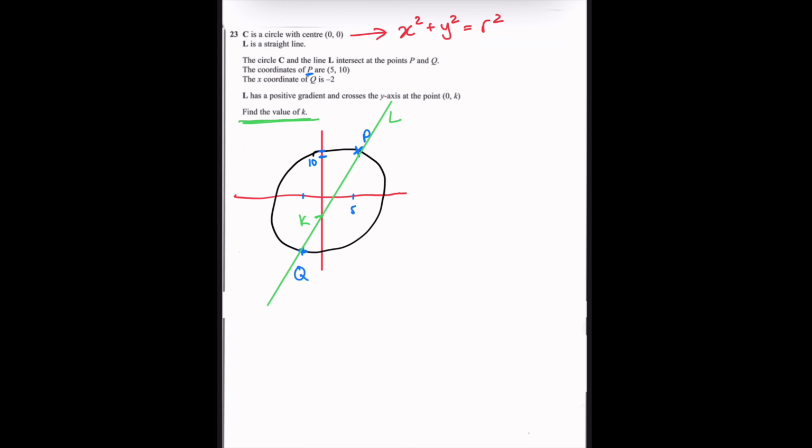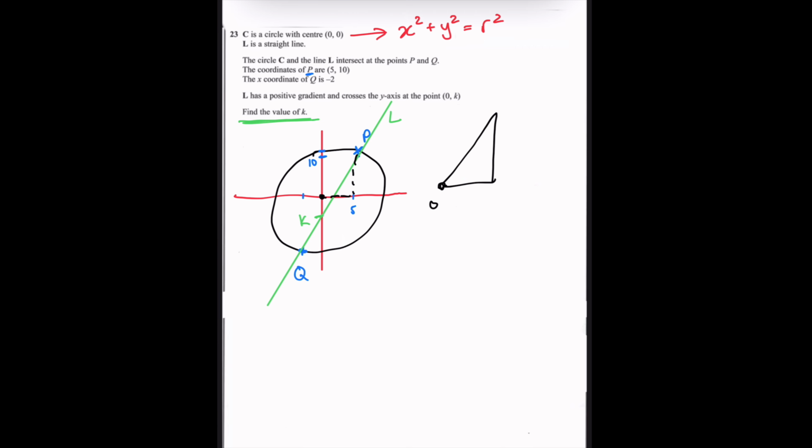Okay, cool. Right, we'll start with this. We have a line here with point P. Point P is 5 across, and we're going from the center, from here, 5 across, and 10 up. Okay, so let's draw that triangle.